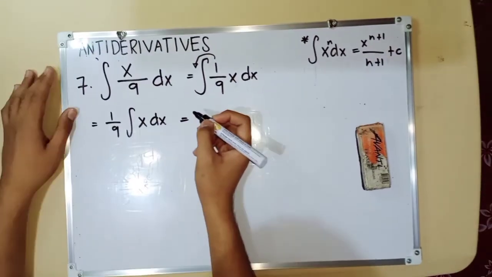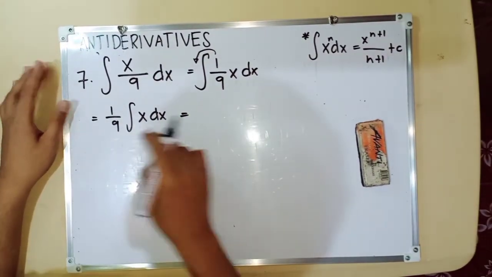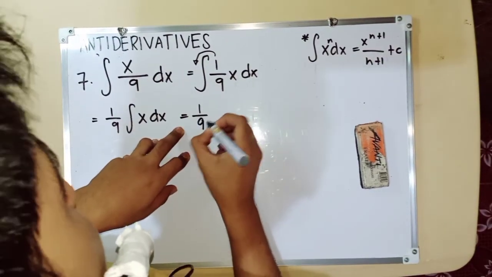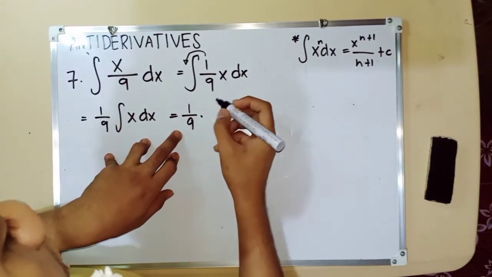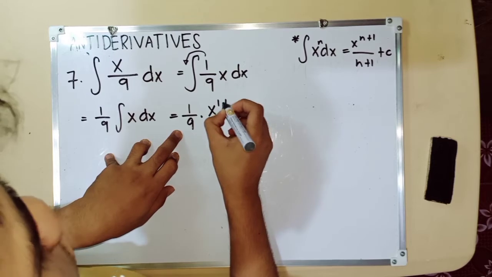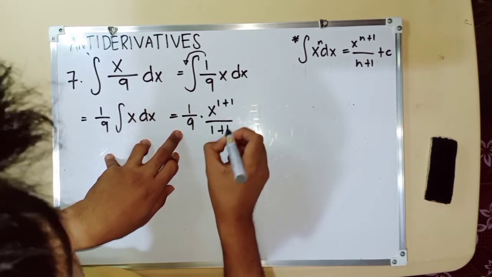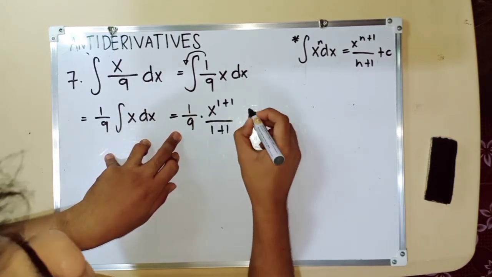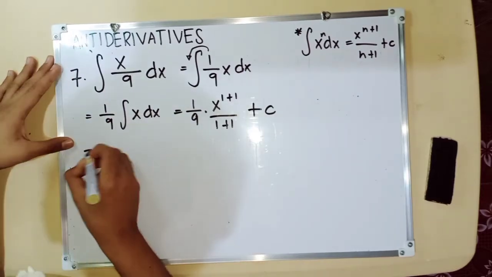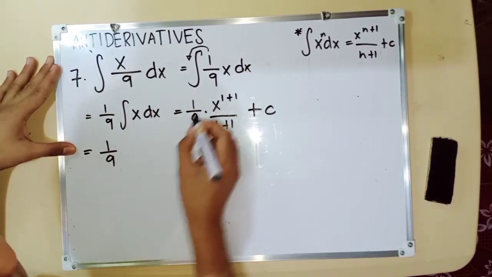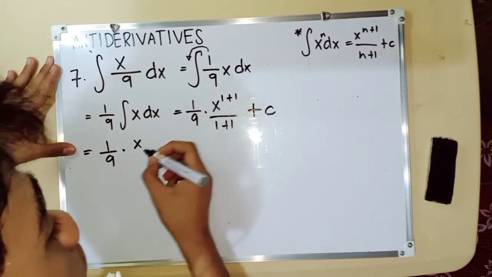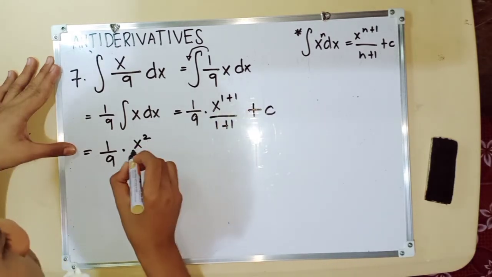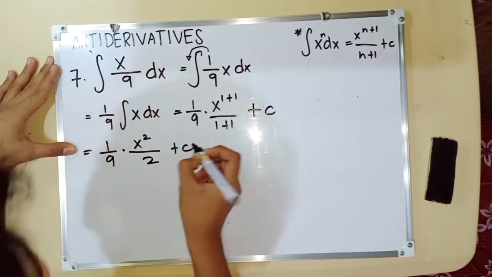Then, kunin lang natin ang antiderivative ng x. So, 1 over 9, base sa our rule for antiderivatives, x raised to 1 plus 1 over 1 plus 1. At huwag natin kakalimutan ang constant of integration. So, simplifying it, 1 over 9, copy lang natin, times x raised to the power of 1 plus 1, which is equal to 2, over 2 plus c.